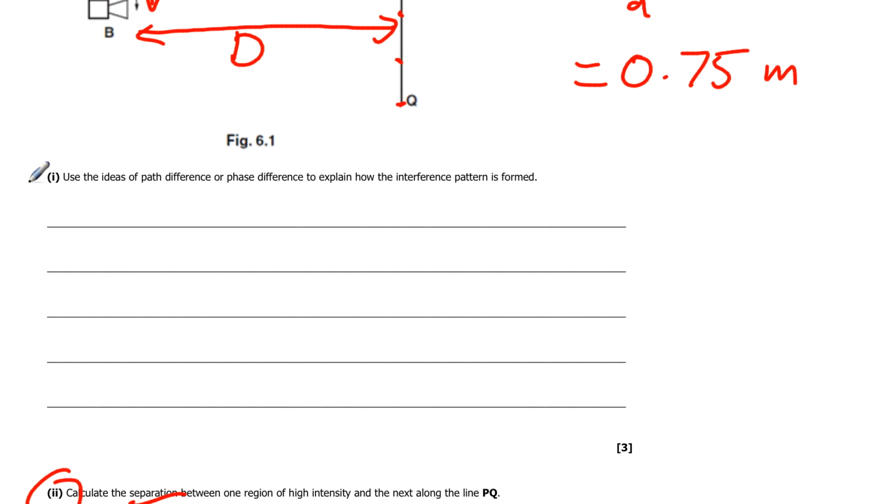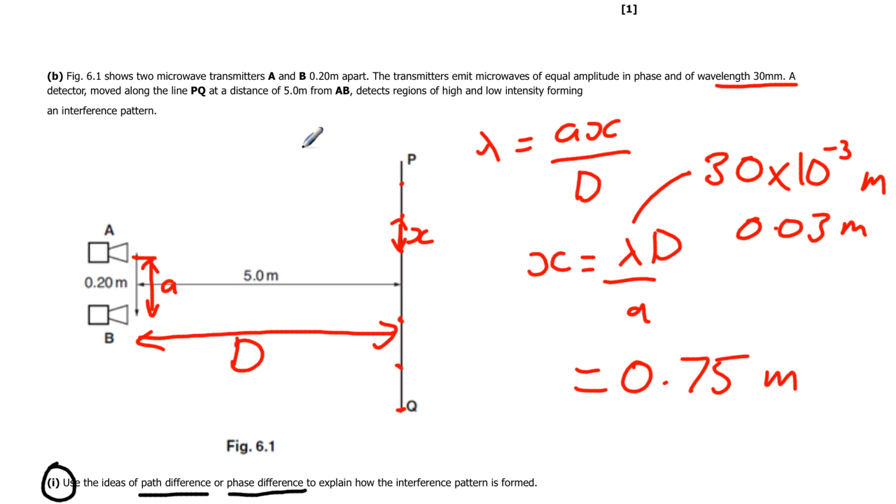So let's go back to part I, and we need to use the ideas of path difference or phase difference to explain how the interference pattern is formed. To do this, we're just going to sketch a couple of lines on here. So you've got one line there and one line there.